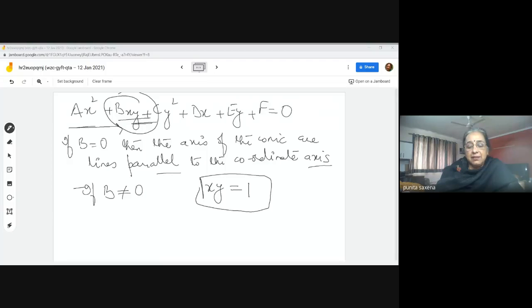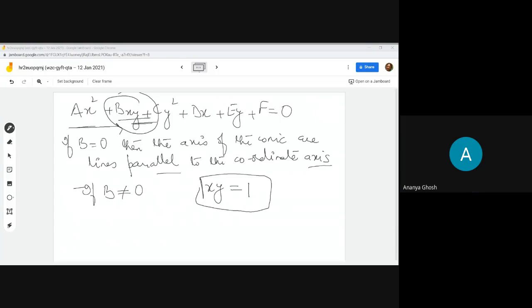हाँ, this represents a rectangular hyperbola. What is a rectangular hyperbola? इसका नाम रेक्टेंगुलर हाइपरबोला क्यों पड़ा? बोलो. मैम, because ma'am, asymptotes are perpendicular.